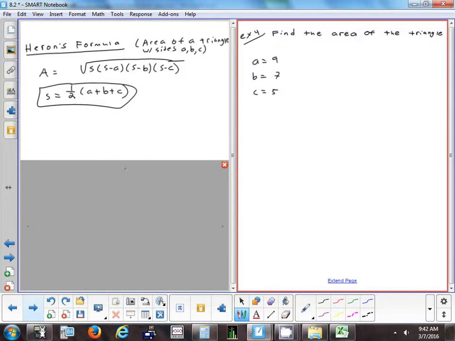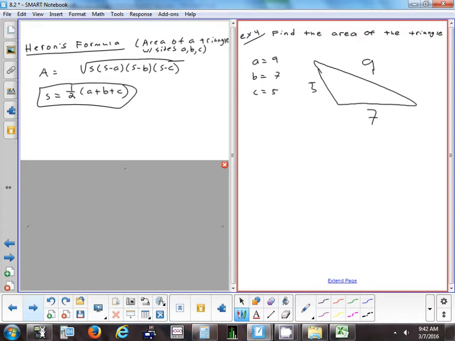Okay, so let's see if we can find the area of a triangle that has sides of 9, 7, and 5. Now, if you wanted, you could avoid Heron's formula. If you forgot it, this is a side, side, side triangle.